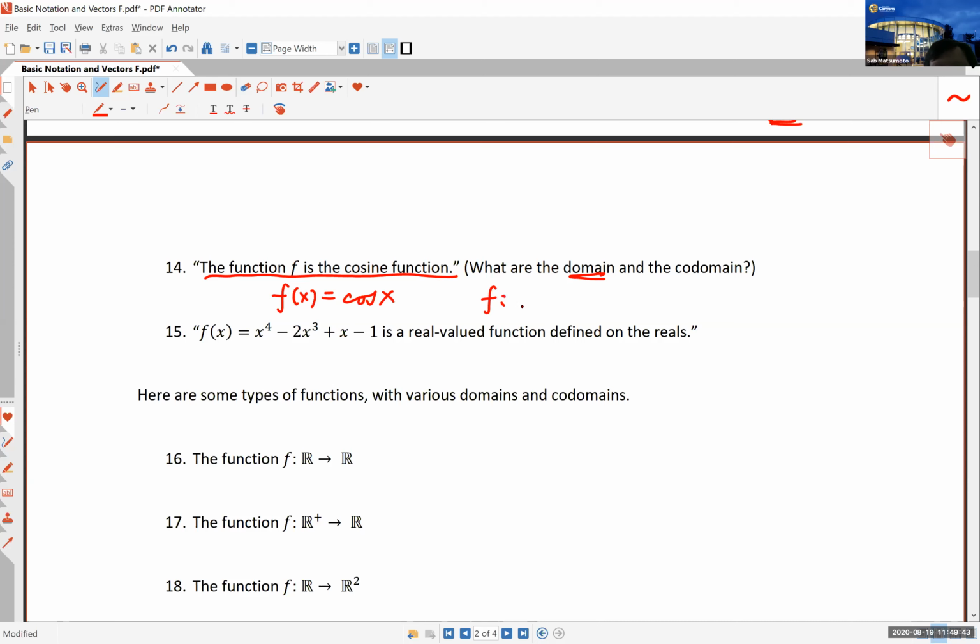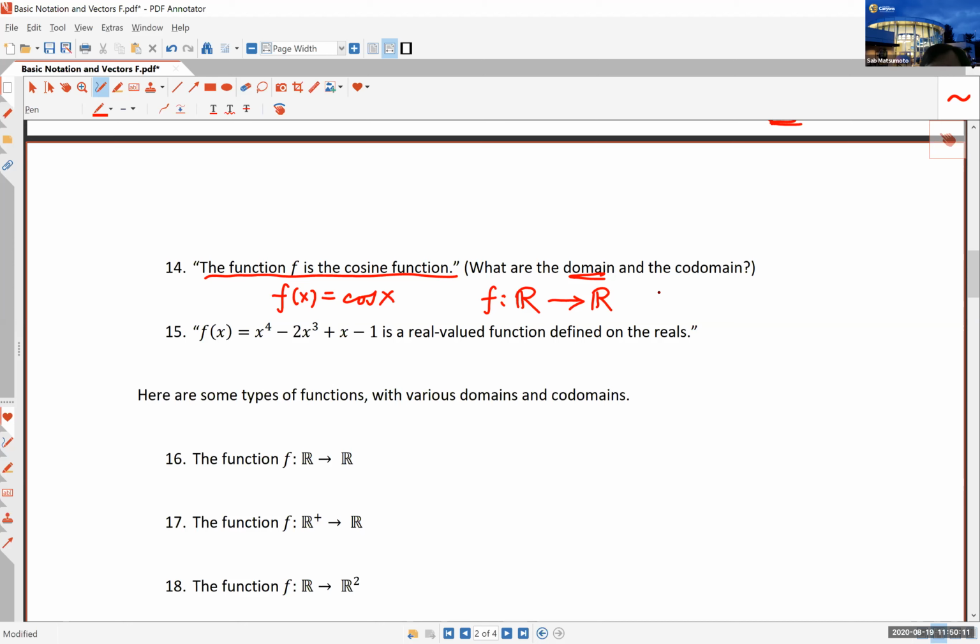Yeah, x could be anything. We're using radians, of course, and x could be negative 3,000, x could be 0, x could be pi, x could be square root of 17, whatever, right? x can be anything. And what's the codomain? Again, it is a real valued function. The answer is always going to be a real number. So you can say the codomain is the set of all real numbers.